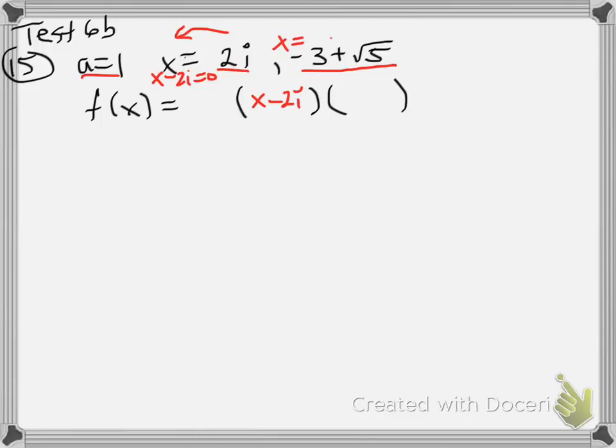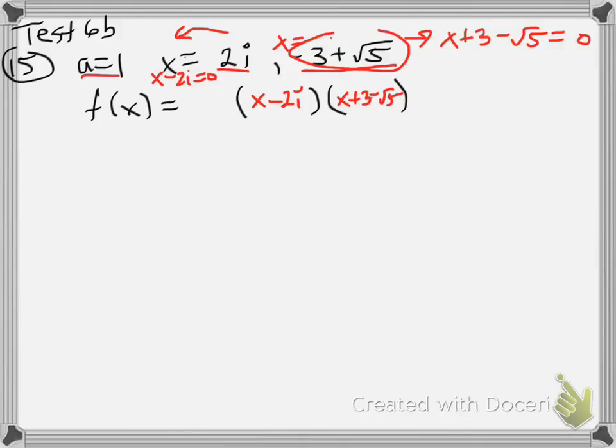When I bring everything backwards, I get x plus 3 minus root 5 equals 0, so I can put that one in there as well: x plus 3 minus root 5. Remember, you want to bring everything over to this side of x. Okay, so that's what I did.